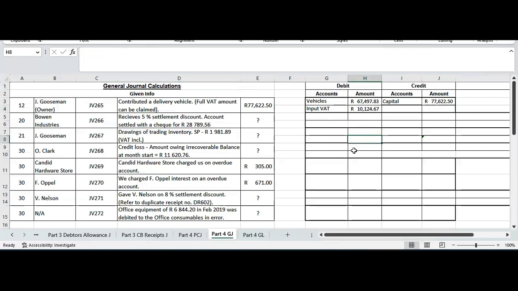So that is a nice way to get capital into your business, or really to get cash into your business: if the owner donates or contributes an asset to the company, then the VAT is claimable. Okay, so that is the one with regard to the VAT.